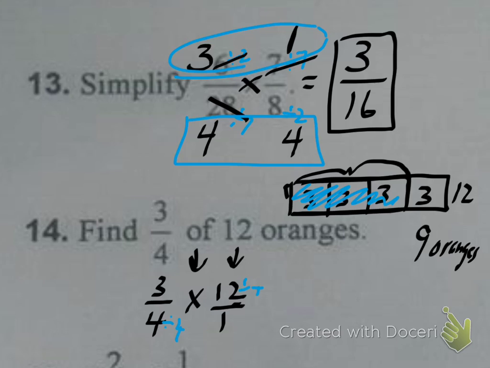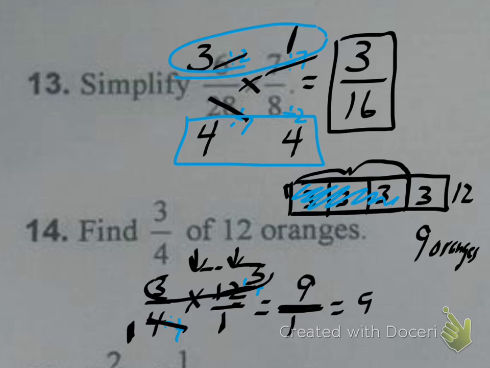We can divide both of those by 4. 12 divided by 4 is 3, and 4 divided by 4 is 1. So numerator times numerator, 3 times 3 gives us 9, and 1 times 1 gives us 1. And then a fraction is a division problem. 9 divided by 1 is equal to 9. So we can see we have the 9 oranges again.